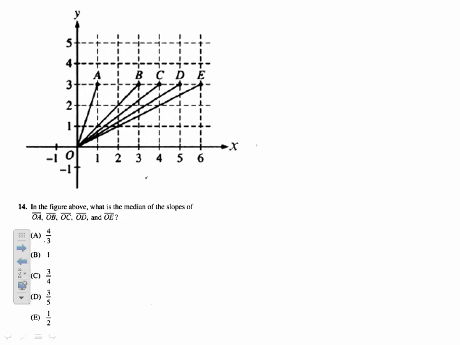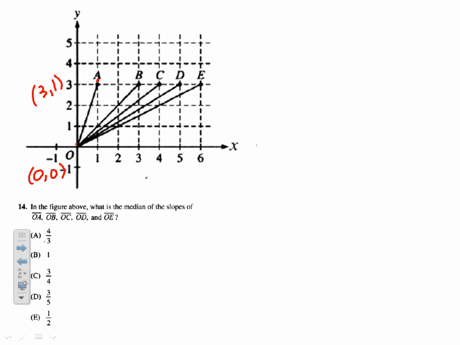So in this figure, what is the median of the slopes of these lines? The first thing we want to do is figure out what the slopes of these lines would be. For OA, the change in the y, we're very lucky, each of these lines starts at 0, 0. So the change in the y will just be this y coordinate.